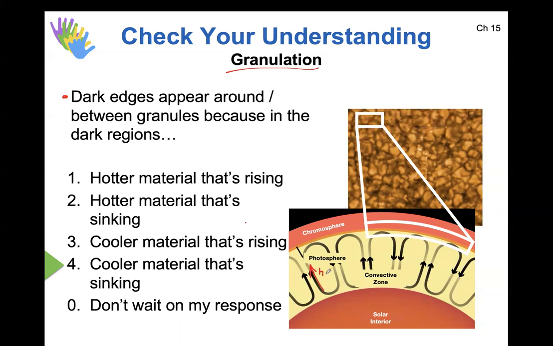Once it rises, it loses its heat in order to expand, which just happens naturally, and once it has used up all that heat to facilitate its expansion, it now sinks as a cool material. So if it's sinking, it has to be cool. If it's rising, it has to be hot. So that means that 2 and 3 are out because they violate that rule.